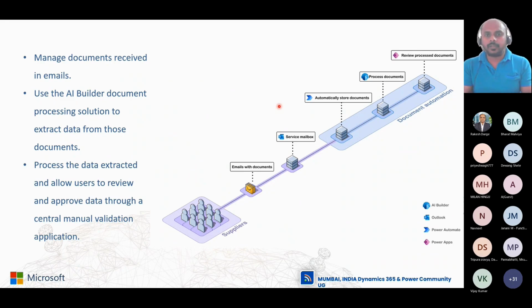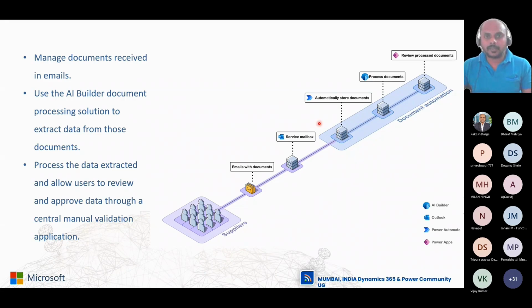Whenever an email comes with an attachment and with certain keywords in the subject, you will extract those details and save them to your database. So the first part is receiving the mail. The second one is using that flow to store that data into the database.